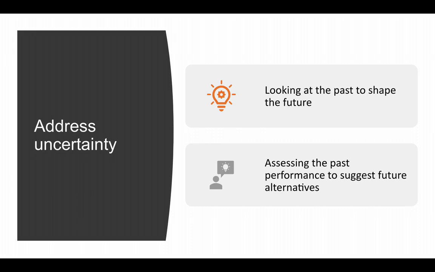The most common way we address uncertainty is looking at the past, to suggest something needs to be done in the future, because we really have no idea about uncertainty. We can't foresee a pandemic, an earthquake, or even a war. You really can't predict these things, so the best you can do is look at the past.